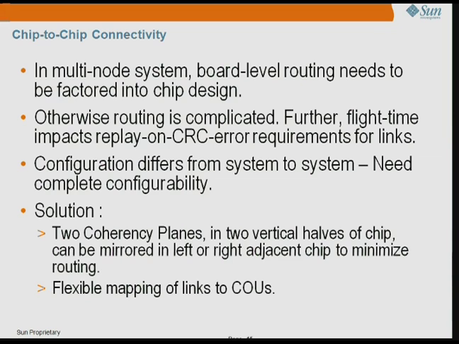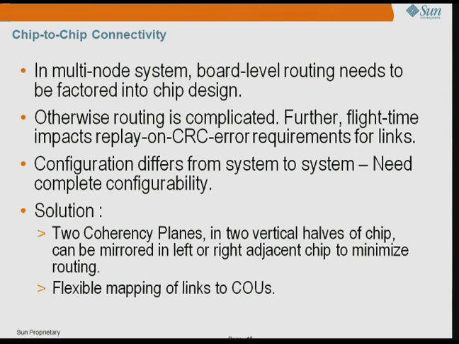We also have more links in general in the system associated with the chips than the prior generation. So we've proactively come up with certain solutions. One is the ability to mirror a coherence plane, and the other is the ability to configure your link mapping. So logical links can be mapped into any one of the physical links within a coherence plane.